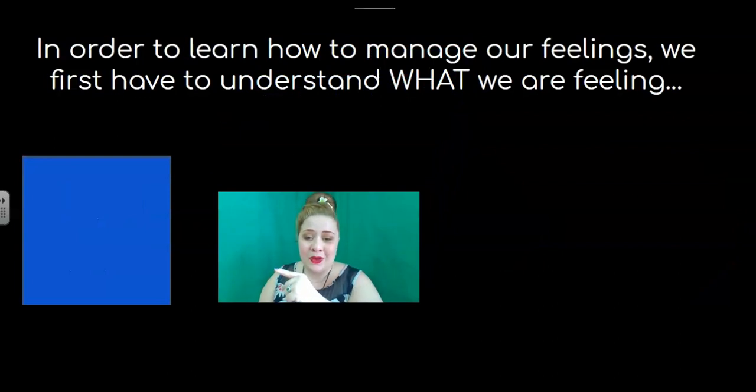The blue zone. When you are in the blue zone, you could be feeling sick, tired, bored. There are so many emotions that you can feel when you are in the blue zone, but this is the zone of rest. Your body is feeling slow and sluggish, and that is exactly what happens when you are sick.